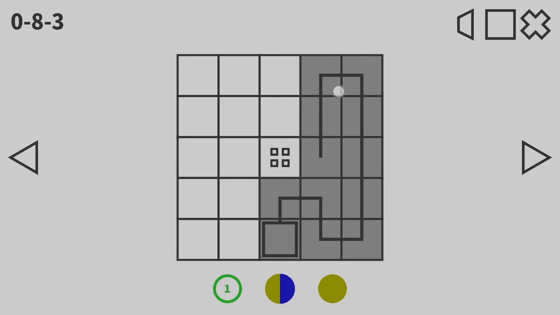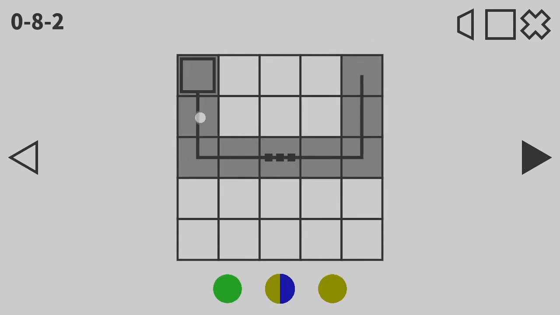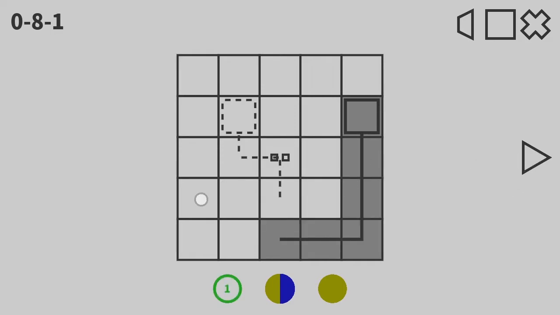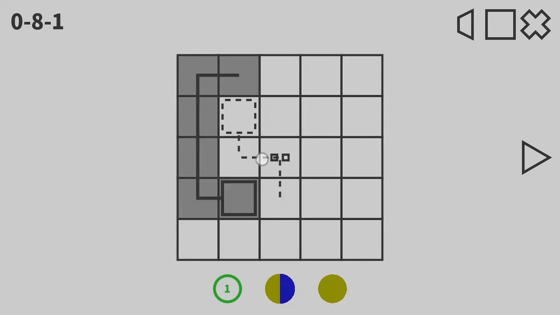What's unchanging is the widths and heights of sections, the width and height of the whole thing. 3 by 5. 3 by 5. 5 by 3. Always have to be 3 by 5, no.